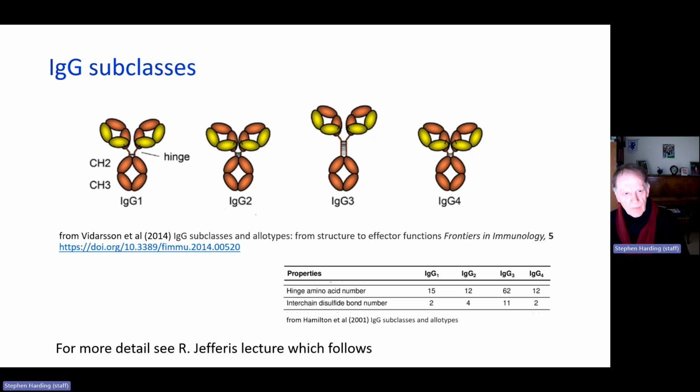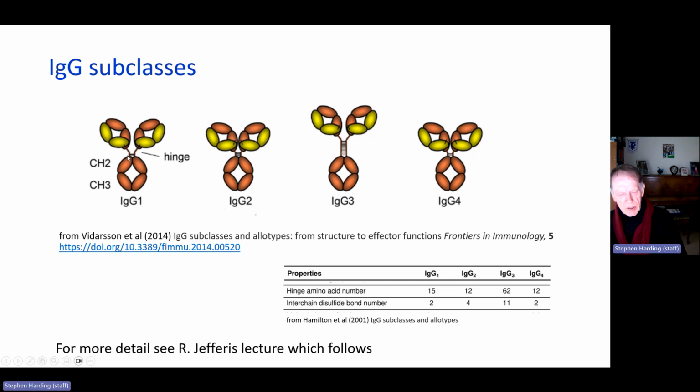So these are the four IgG subclasses: G1, G2, G3, G4. And you can see they differ principally in terms of the hinge regions, which connect the Fc domain or region with the two Fab domains or Fab regions.